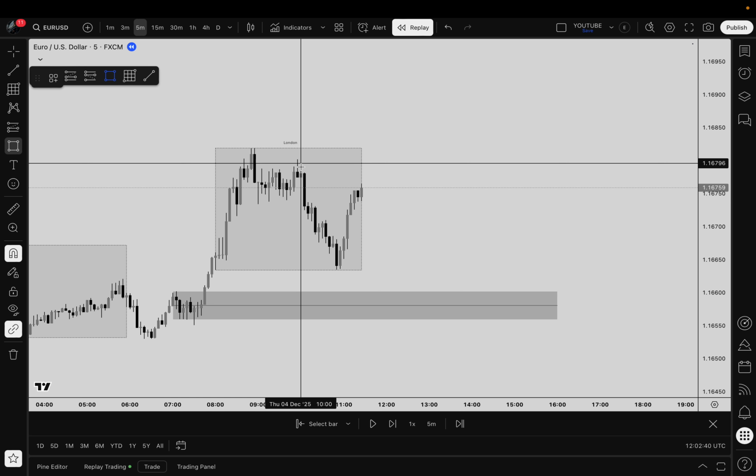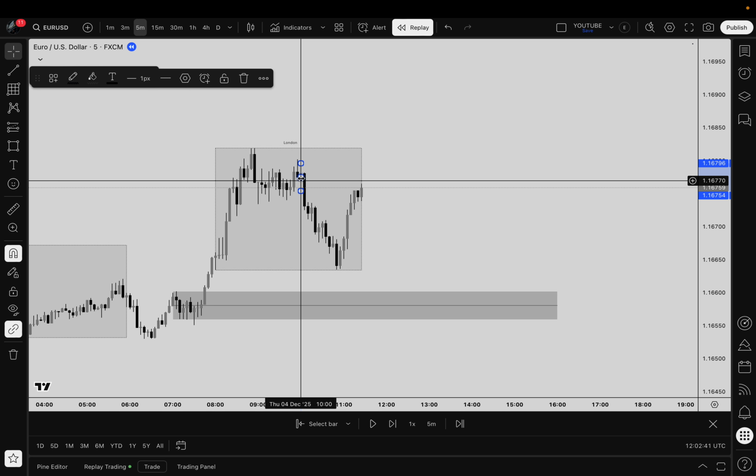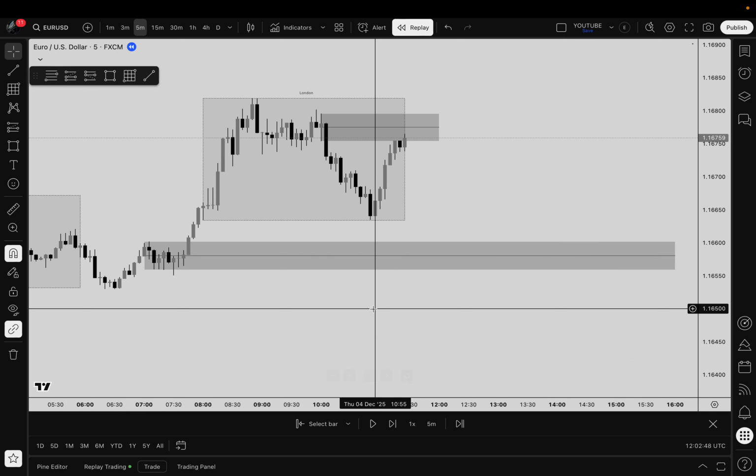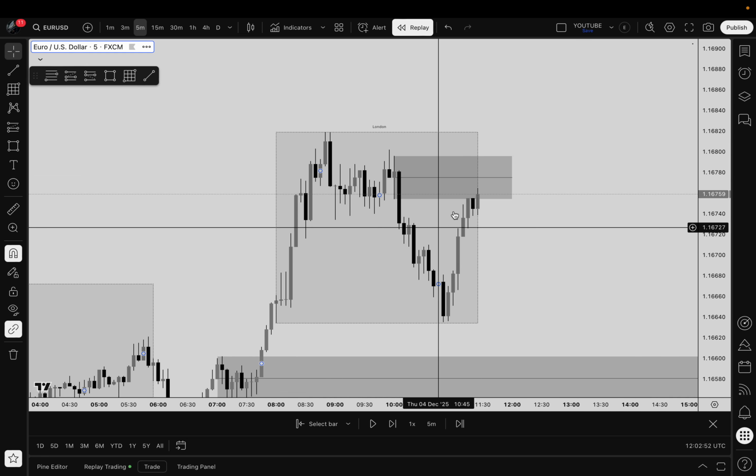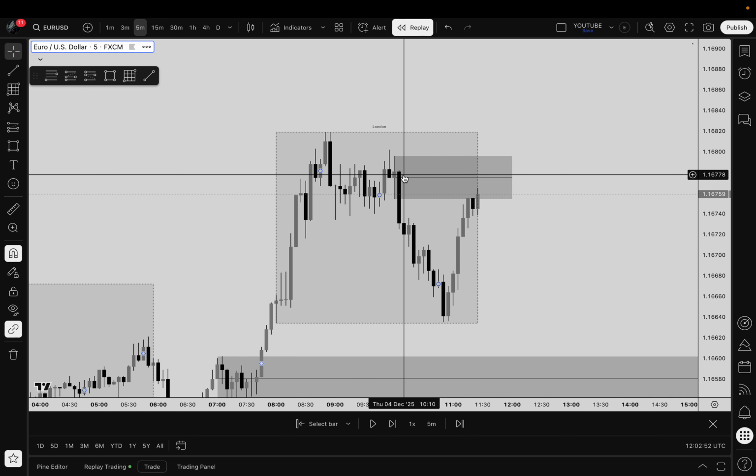So this here is an order block. Obviously we're heavily bullish at the moment, so I wouldn't expect price to respect this. However, it could respect this order block and then continue and move down instead.